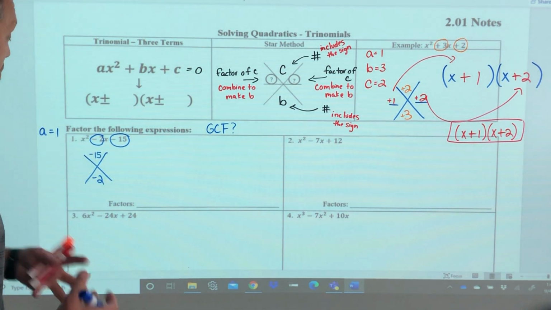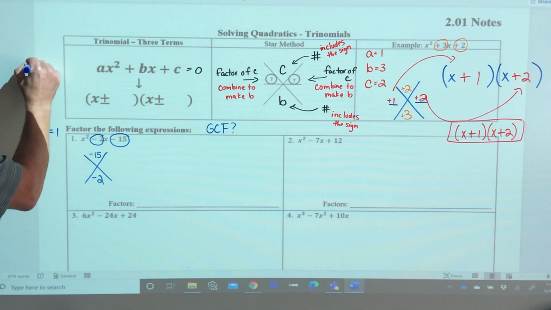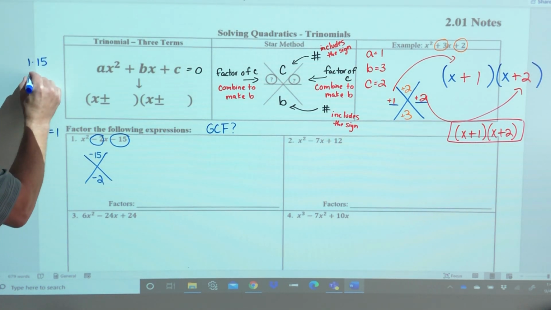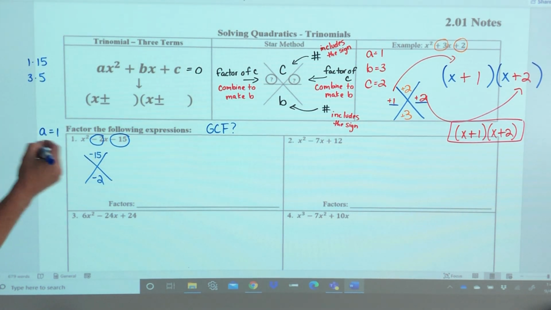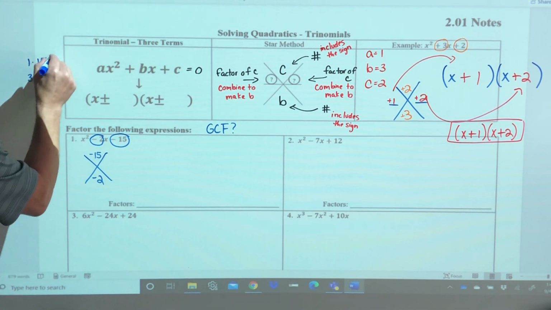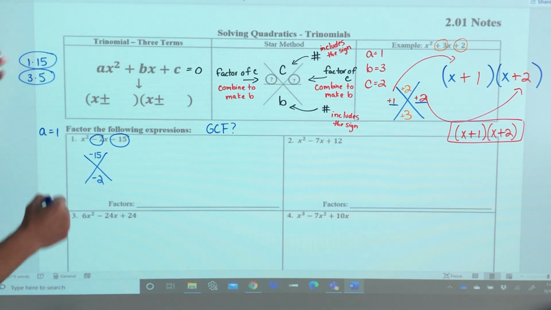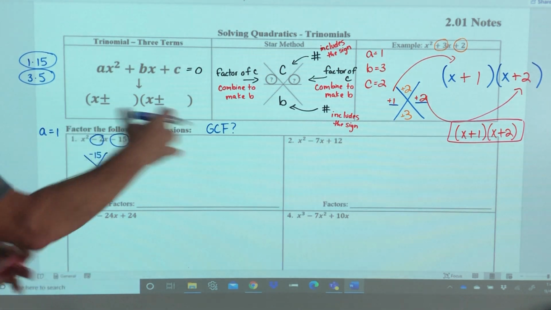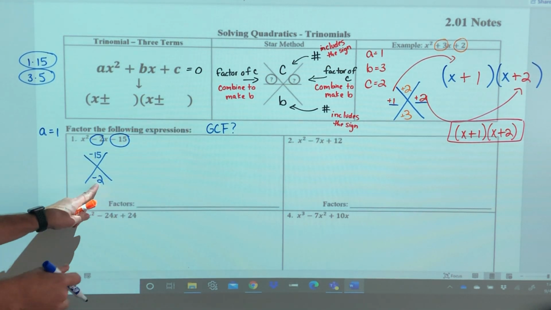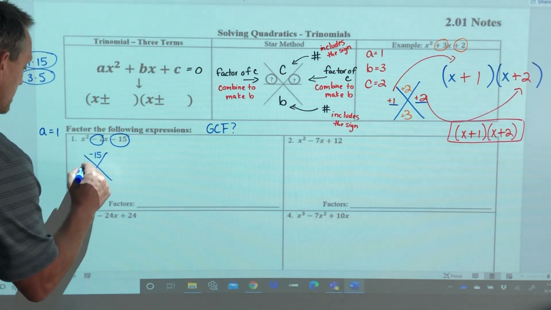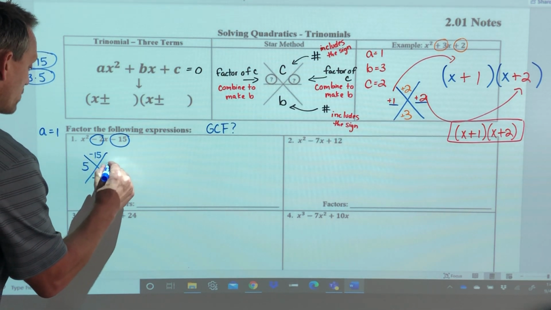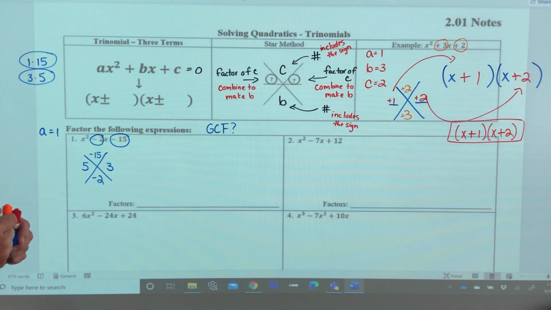Now I need factors of 15. To do factors of 15, I got 1 and 15, 3 and 5. Those are all my factors. Is there any combination of either one of those sets of factors that could combine in some way to give me 2? Yes, 5 and 3. So here's the trick.